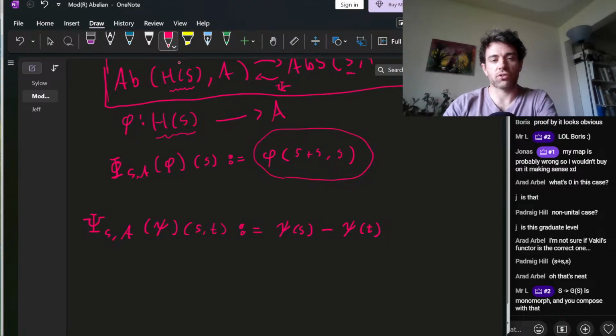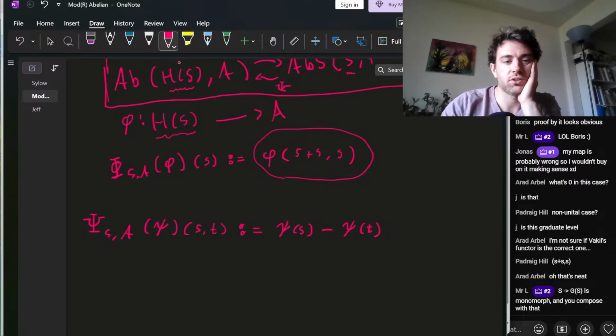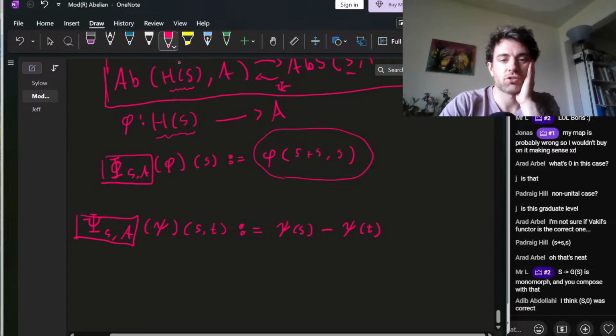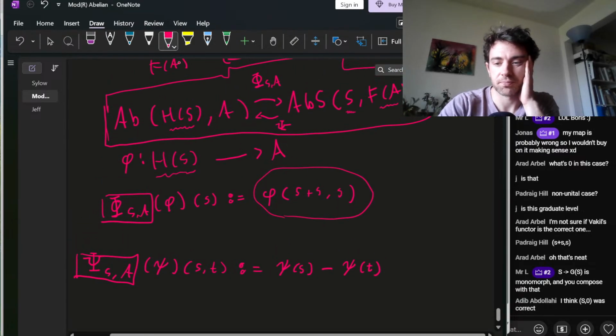This is my guess that these are our two inverse natural transformations defining the adjunction.